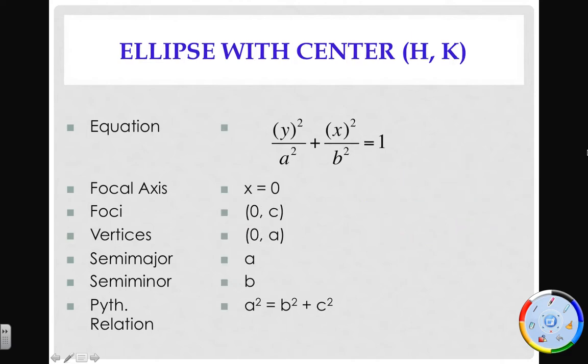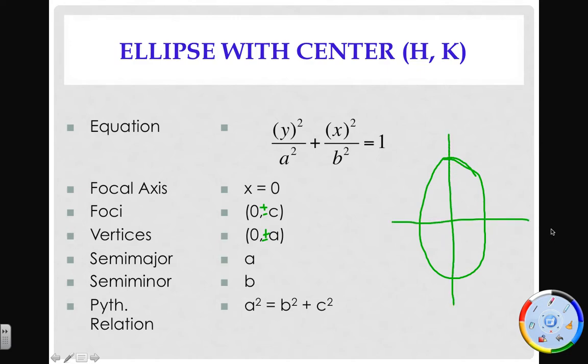Going to the next page, please pay attention. I did change the page here. This is plus and minus c, plus and minus a, again. But in this case, notice that the a value is underneath the y, and therefore that tells me automatically that this is a tall, skinny, or vertical ellipse, where again you have your major axis, your semi-major, your minor axis, and all of your coordinates.